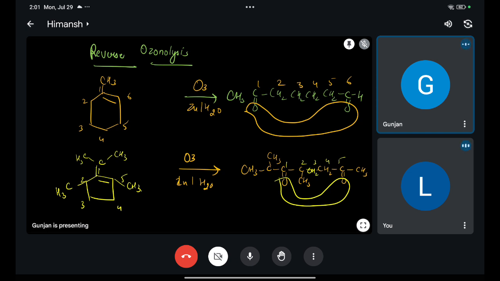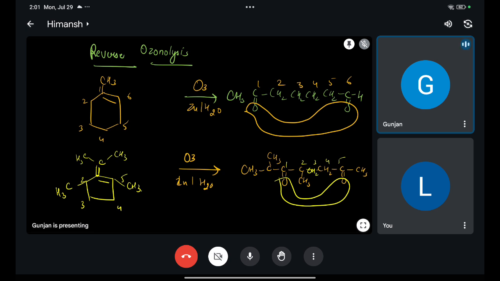Yes, ma'am, getting. We are removing that double bond oxygen, no? So both the carbons together will create a double bond in between.